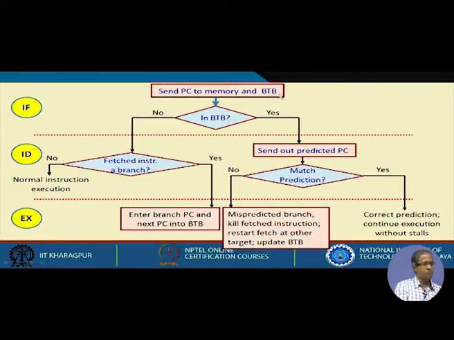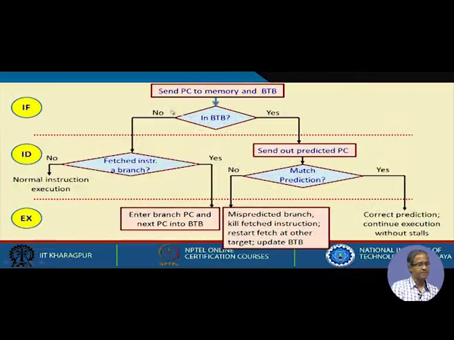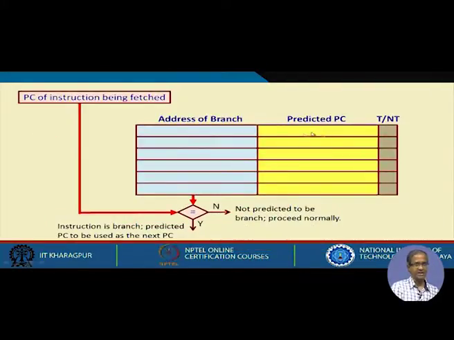In parallel, you are also sending the PC to the BTB for searching. So, while it is being fetched, you check in parallel whether it is in the branch target buffer or not. Suppose you find yes, which means it is a branch instruction, you send out the predicted PC from here.